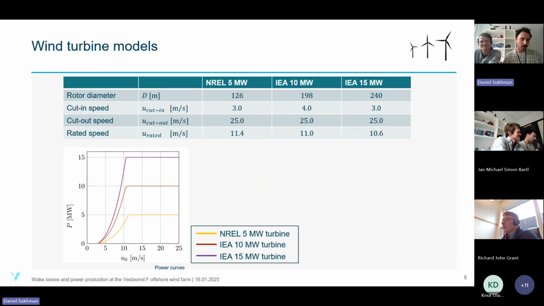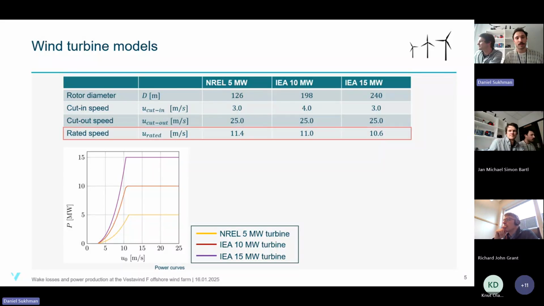They obviously have different rotor diameters, but more or less the same cut-in and cut-out speeds, so the same window of operation of wind speeds. One thing I would like to mention here, for those who are a bit more familiar with wind turbines, is that the rated speed of those turbines is slightly different. This will show in the results later, so keep that in mind. We'll come back to that later.